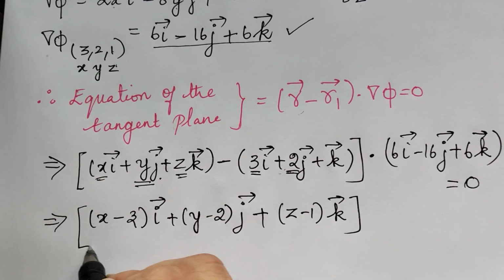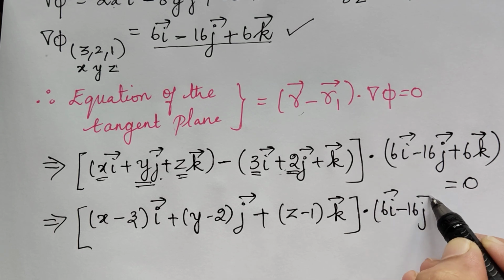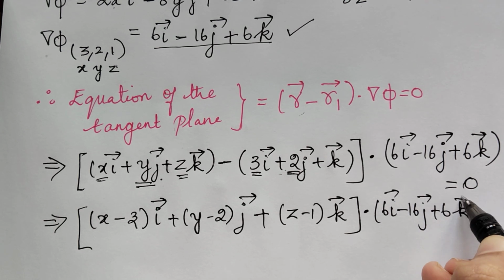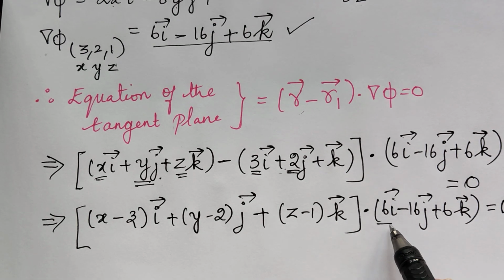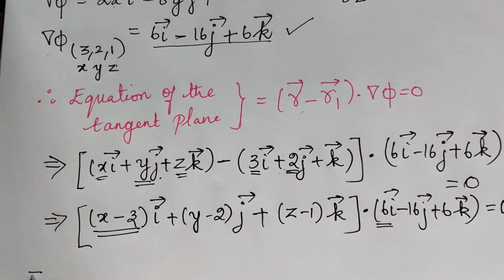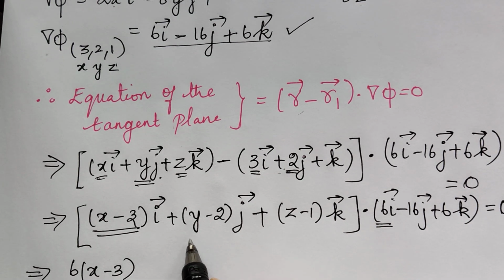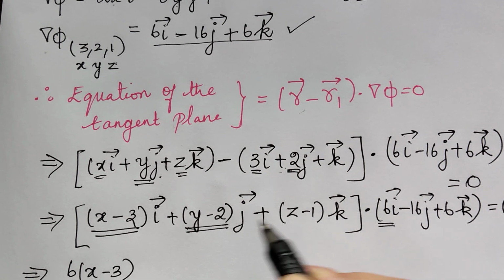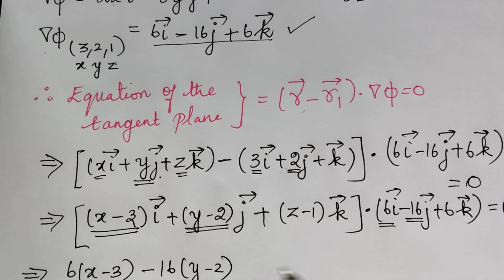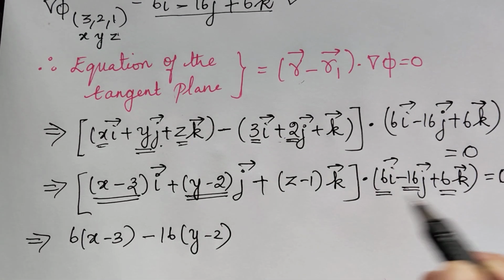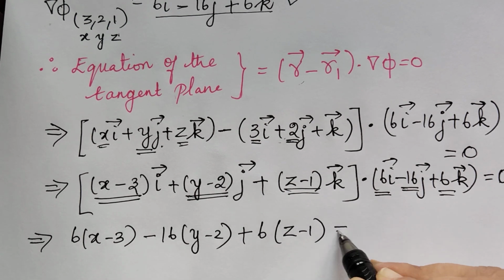And this has to be taken dot product with 6i vector minus 16j vector plus 6k vector, and this is equal to 0. So when we take the dot product, we have to multiply component wise. So this will be 6 multiplied with x minus 3, and then here y minus 2 has to be multiplied with minus 16. So minus 16 into y minus 2, and then 6 has to be multiplied with z minus 1. So plus 6 into z minus 1 is equal to 0.